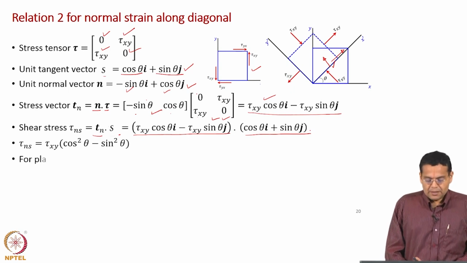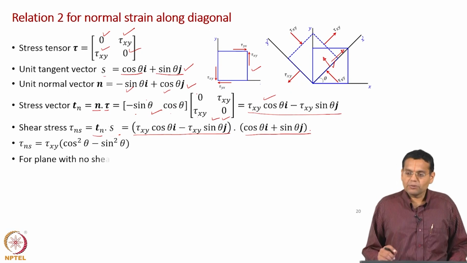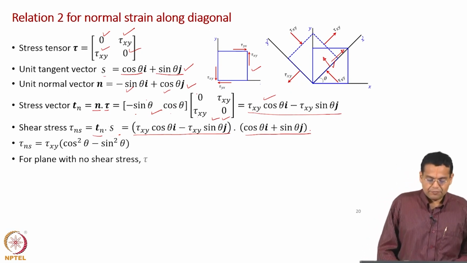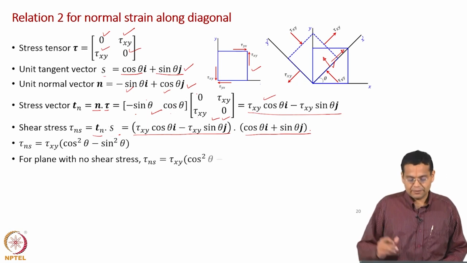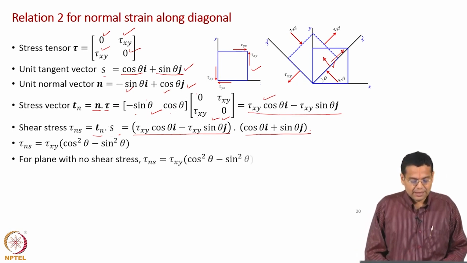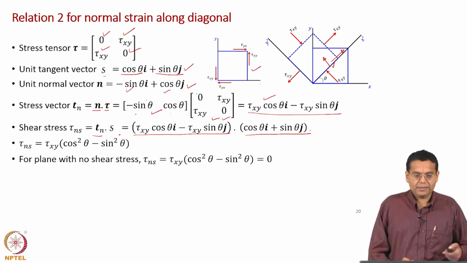Now, I want to find a plane where there is no shear stress, a shear stress free plane. You will understand why we do that. To find that plane, what should I do? I should equate the shear stress to 0, and that is what I have done here.